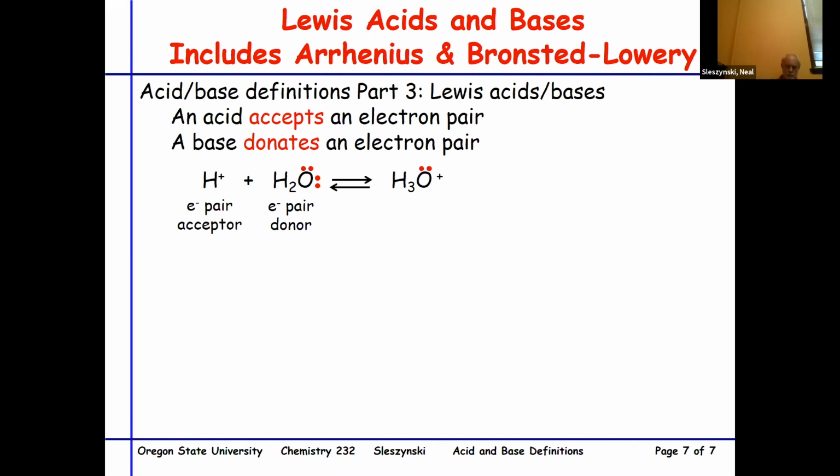Let's look at one that shows the full range of Lewis acid and base definitions. Let's look at a molecule like aluminum chloride. If we go ahead and draw the Lewis structure for aluminum chloride, we'll get something that looks like this.